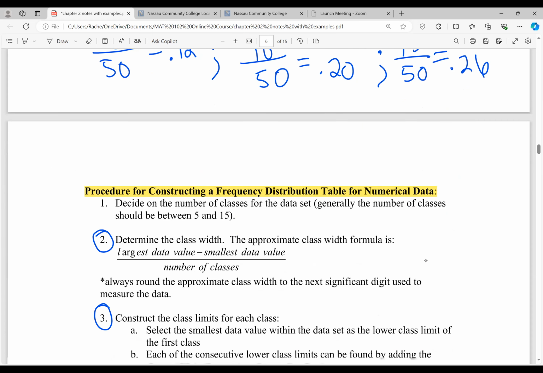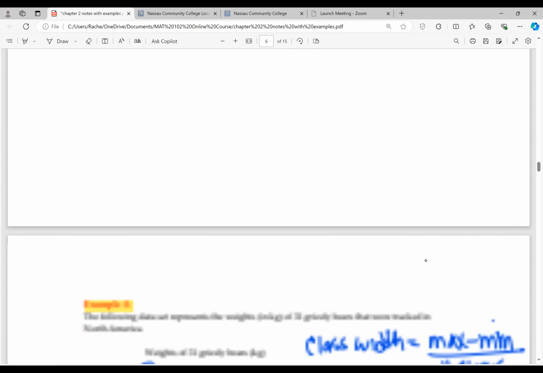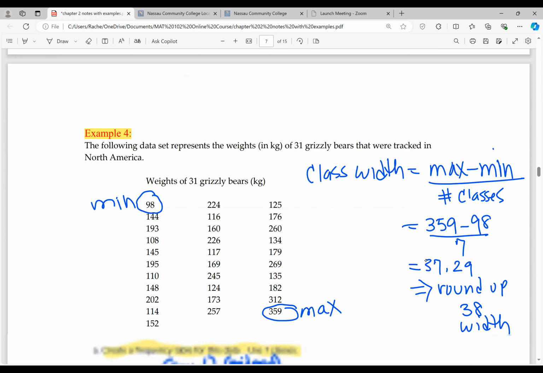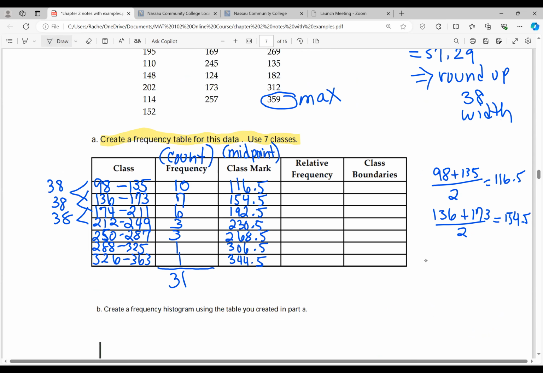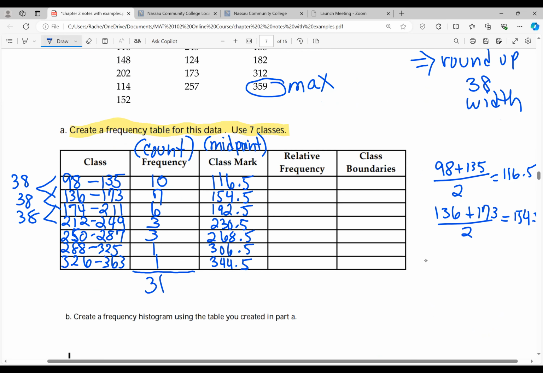And remember, I showed you how to convert to percent in that last video. For example, for the relative frequency for this first class, I'm going to take the frequency, which is 10, and divide it by the total number of observations, which is 31. And let's round to 2 places.